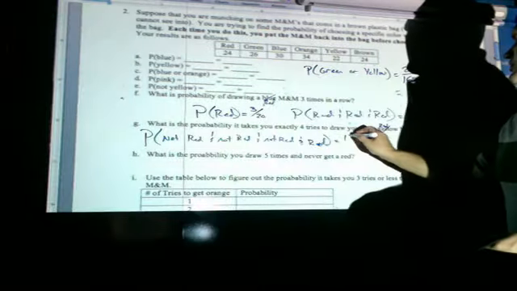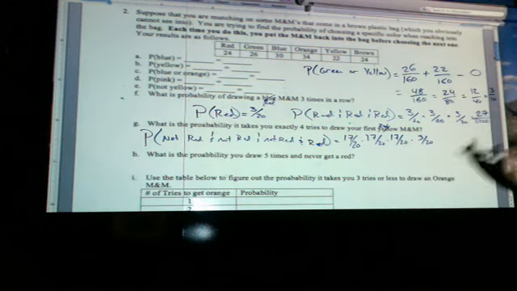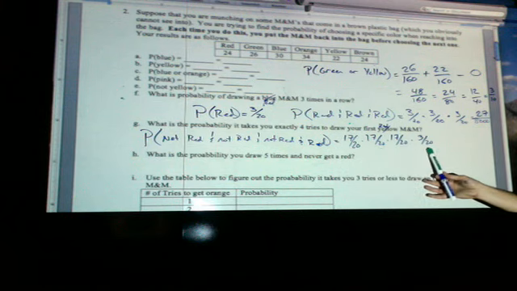So we take not red, which we found earlier was 17 over 20, times 17 over 20, times 17 over 20, times 3 over 20. If I calculate that, I'll get the probability it takes 4 tries to draw your first red M&M. So once again, first draw, second draw, third draw, fourth draw.